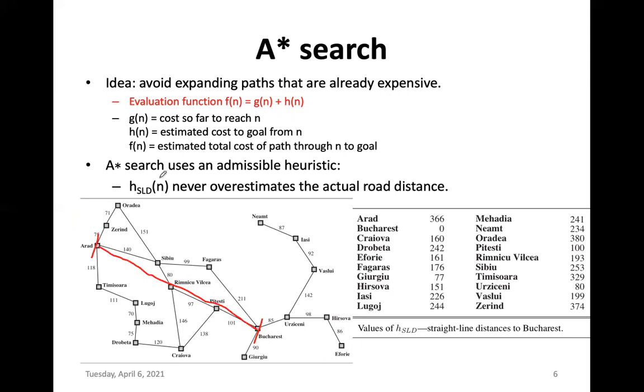That's why we normally say that straight line distance hSLD never overestimates the actual road distance. So this would be the minimum, but in reality, the actual distance between different locations would be greater than this straight line distance, and it would not be less than the SLD.